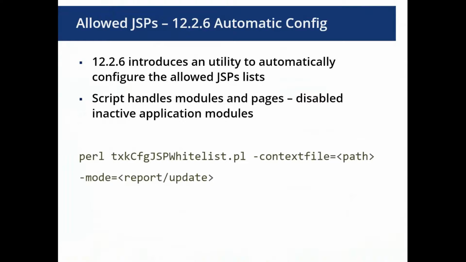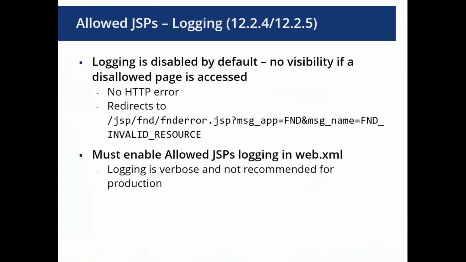So first, it's disabling inactive modules, and then it's looking at web logs, trying to figure out what's actually accessible and not accessible. And again, back to 12.2.4, 12.2.5, the best way to do this is to go through and look at what's in the web application logs and try to find things.